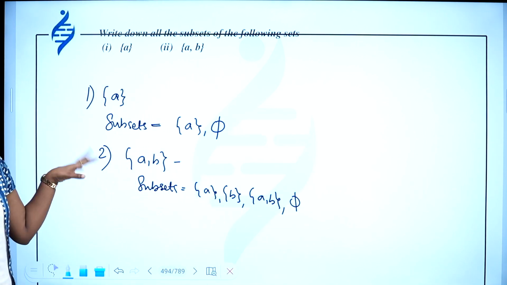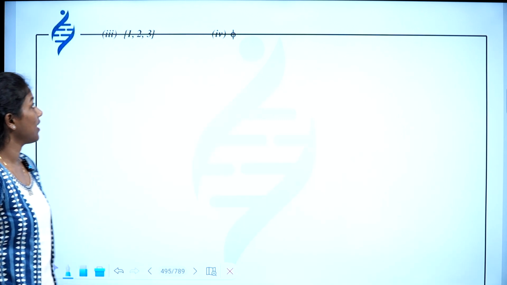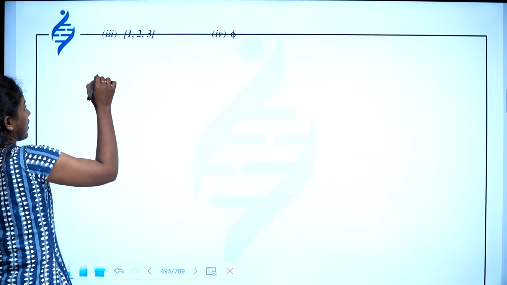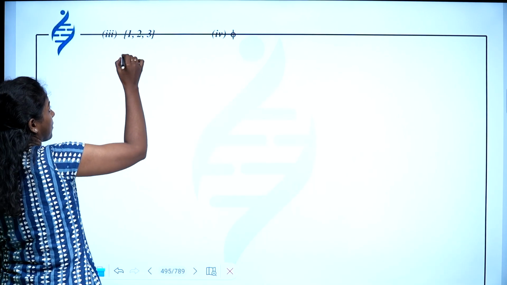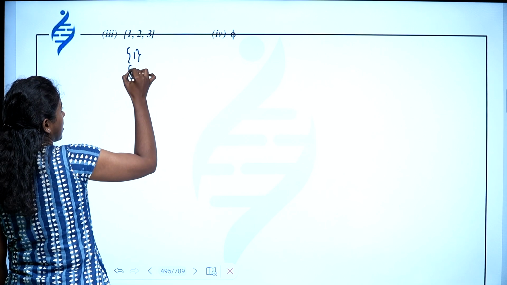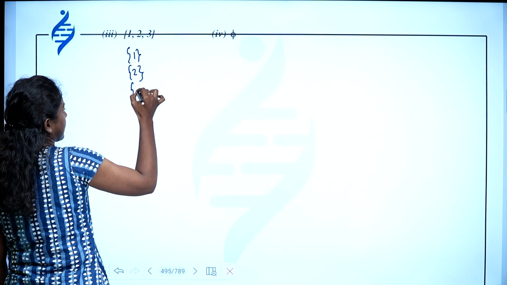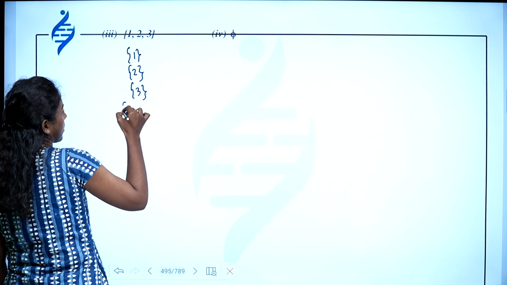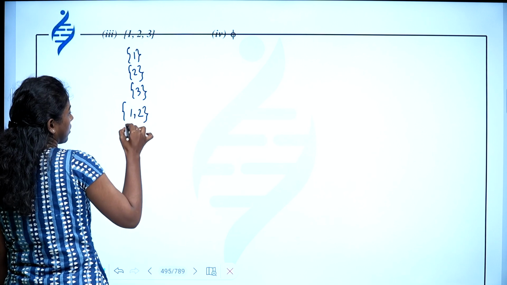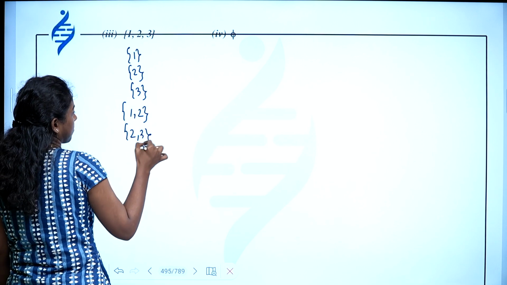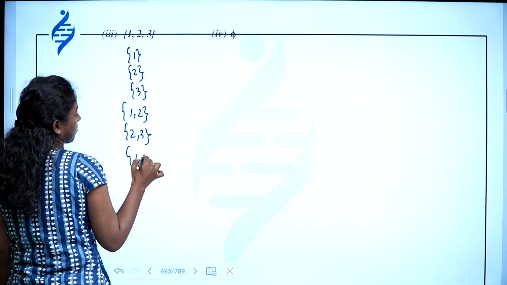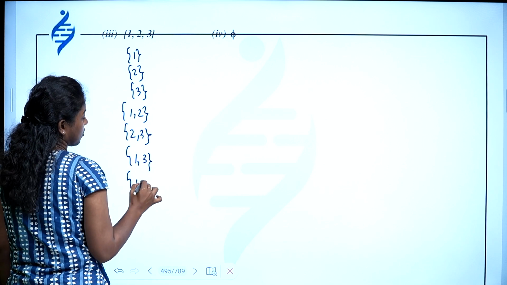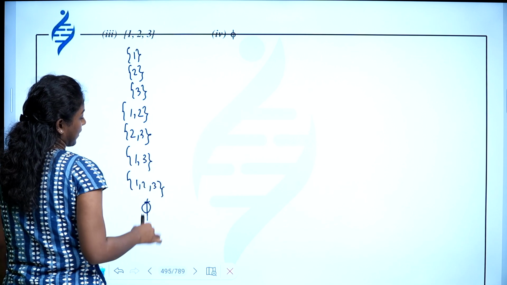So these are our subsets. Then {1, 2, 3}. Which all will be there? Set {1}, set {2}, set {3}, then {1, 2}, {2, 3}, then {1, 3}, then {1, 2, 3} and the empty set.